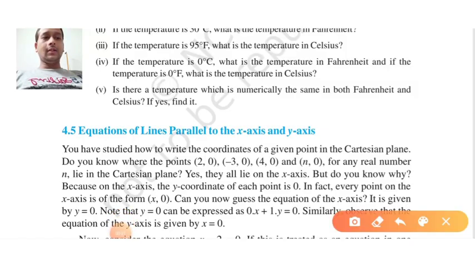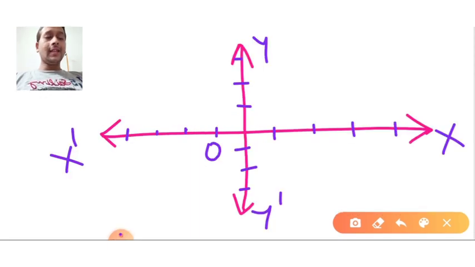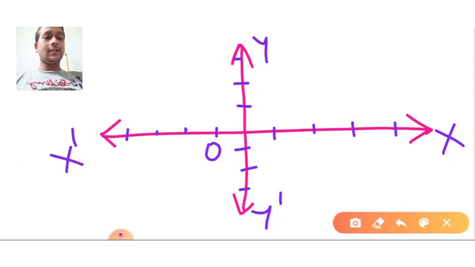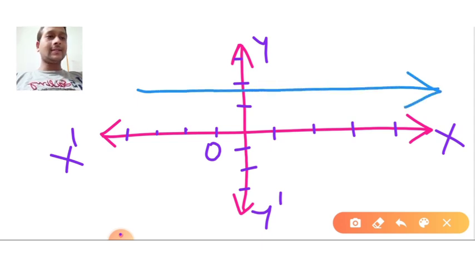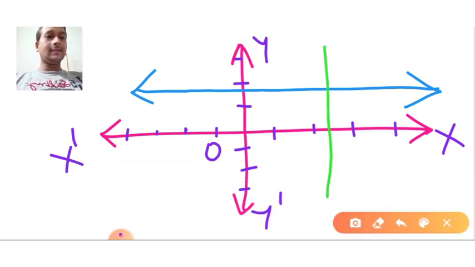Now we are going to learn about the equations of lines parallel to the x-axis and y-axis. I'll give an example and then I'll generalize. A line parallel to the x-axis means, say, this line is parallel to the x-axis, and this line is parallel to the y-axis.